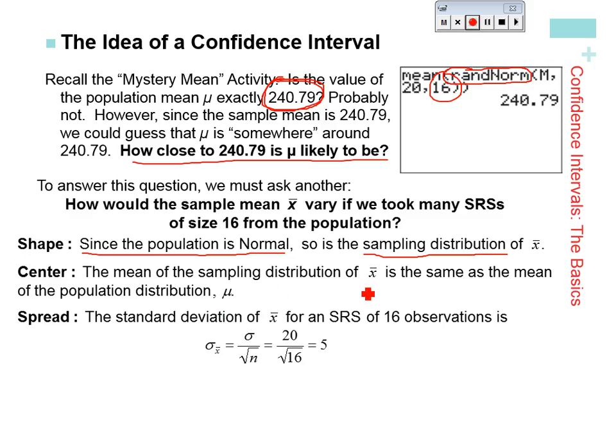The mean of the sampling distribution is the same as the mean of the population distribution. Unfortunately here, that is what we're trying to figure out from this problem. And the standard deviation, since I know that the population standard deviation is 20, I can find the sample standard deviation by doing 20 divided by the square root of the sample size, which in this case was 16. So we would say that the standard deviation in this case would be 5.